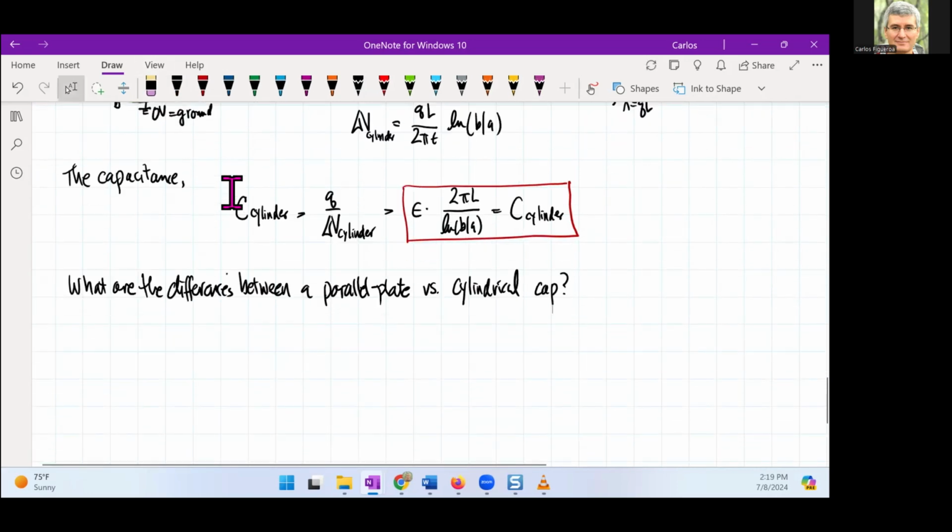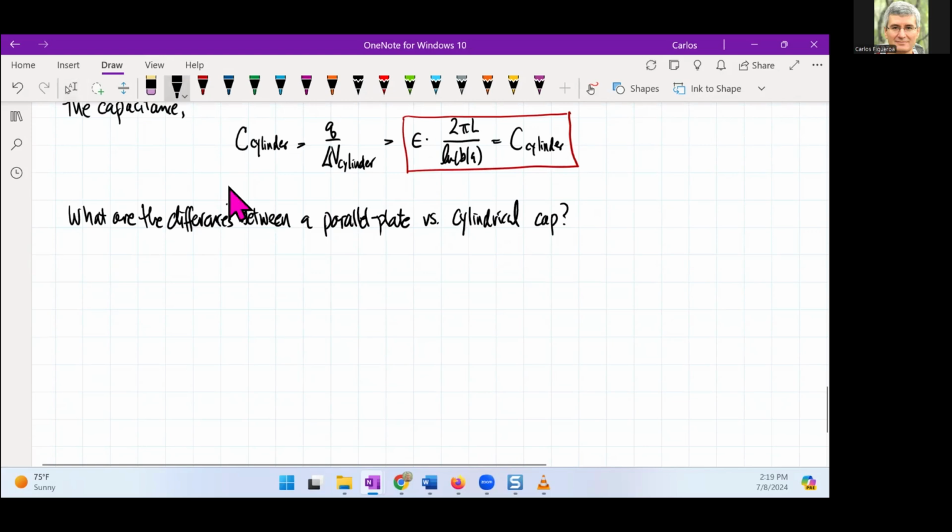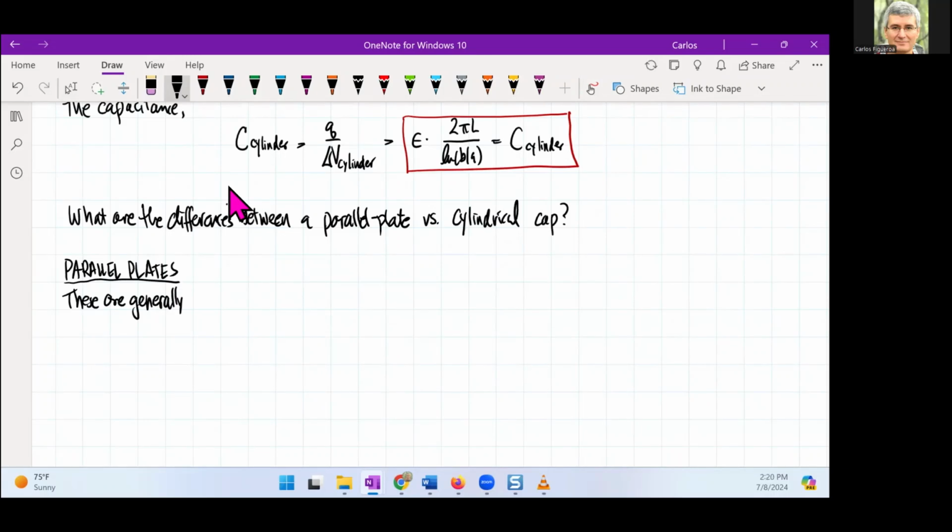So what do we know? Well, let's start with parallel plates. If I look at a parallel plate capacitor, what do I see here? They're generally very small. So what do I mean by small?